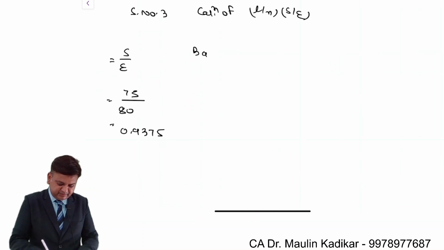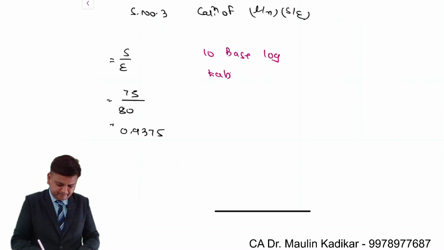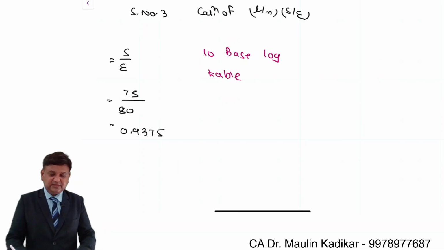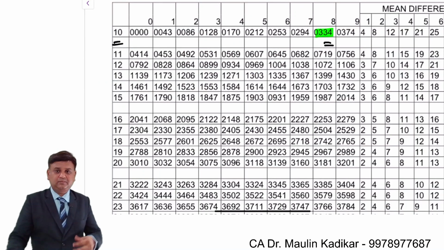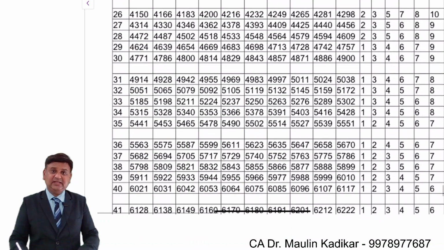Then we will have the Barman procedure, 10 base log table reading. In case of 10 base log table, it starts with 10. So it is 9375.